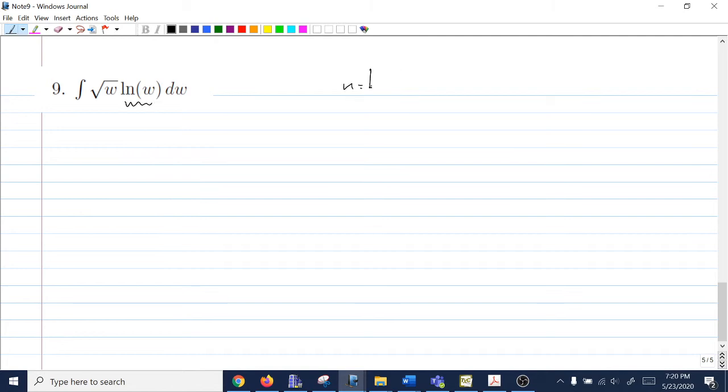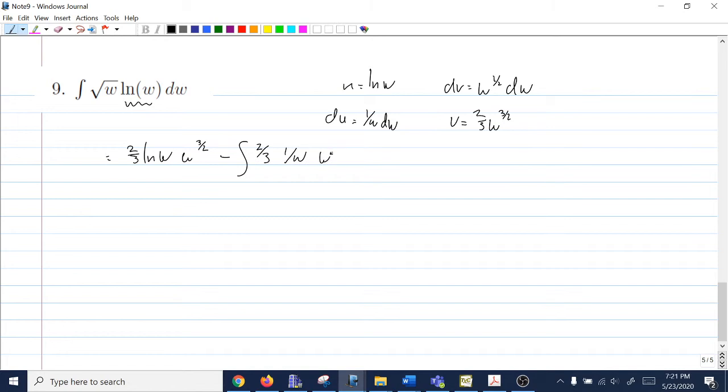We're going to do parts and let u be natural log w. dv is everything else, is w to the 1/2 dw. du is 1 over w dw. v is the integral of that, is w to the 3/2 with the 2/3 on it. This becomes uv, which is 2/3 natural log w times w to the 3/2, minus the integral of v du, which is 2/3 times 1 over w times w to the 3/2 dw.